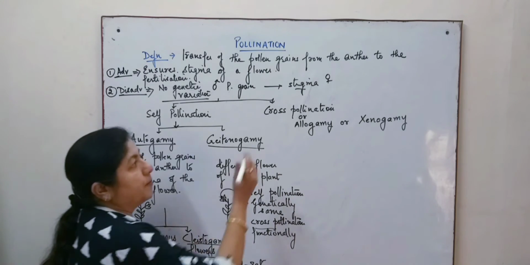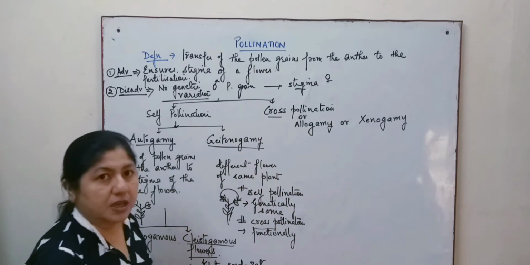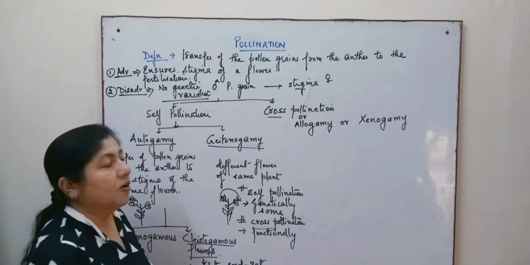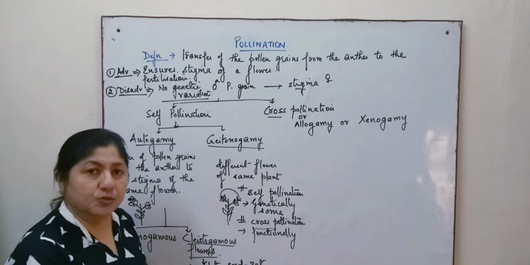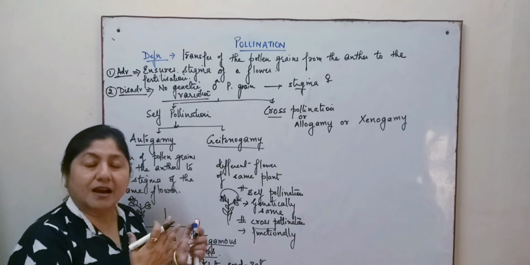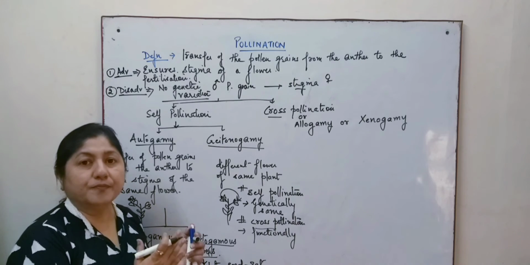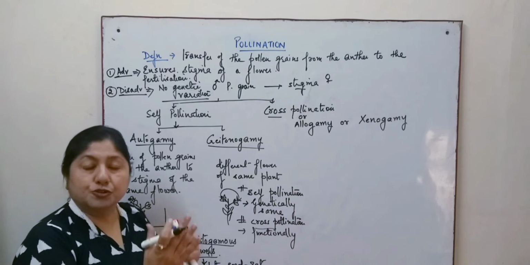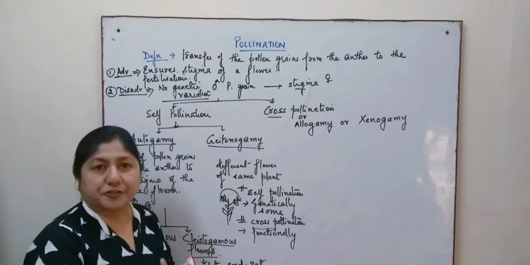Now let us talk about cross-pollination. Cross-pollination is a term we use in which the pollen grains are transferred from one flower to another flower of a different plant.